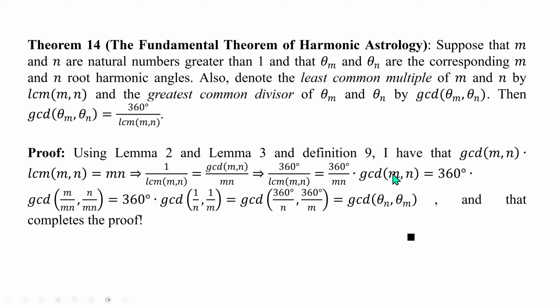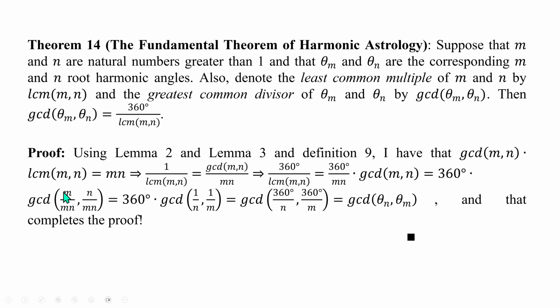And then this is going to be equal to 360 degrees times the greatest common divisor of these two fractions. I just moved M times N back into this expression as a denominator. I'm kind of doing some definition 9 or some of these things in reverse to make the expression a little more complicated, perhaps.